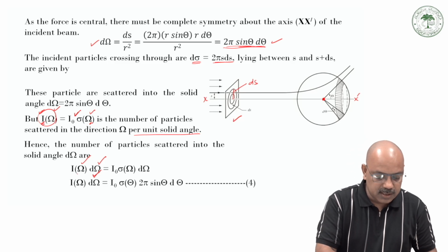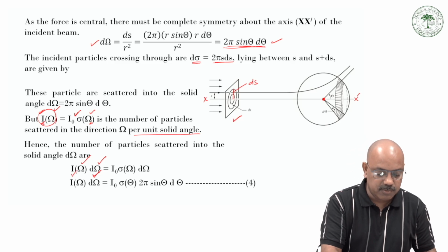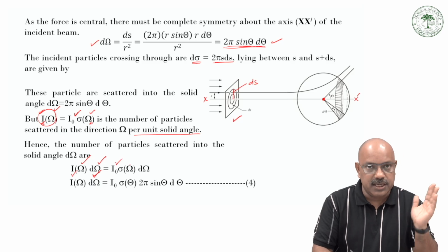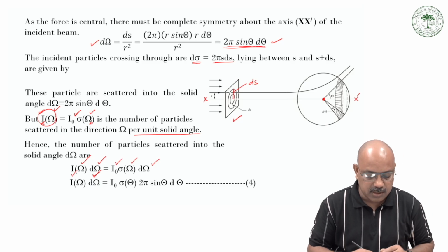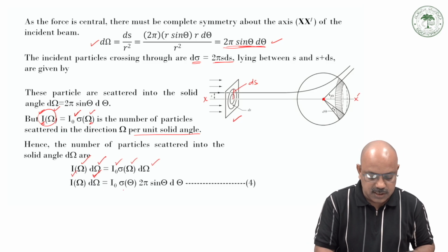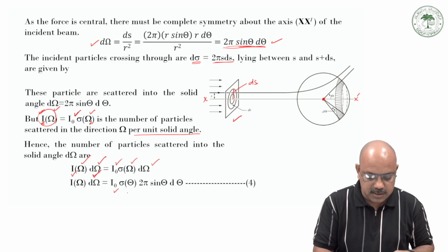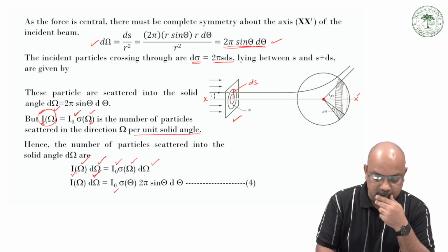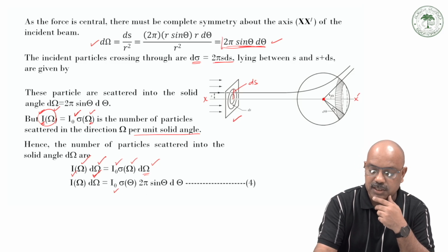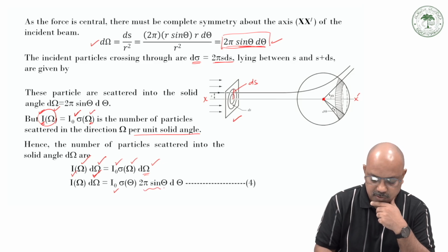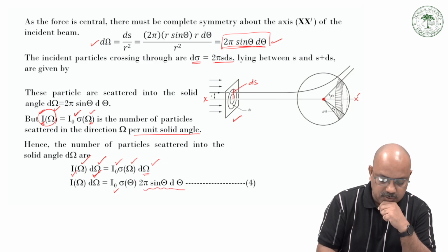And I know that this I is in terms of the incident flux, I naught d sigma. So this is equal to I naught sigma, with d omega being twice pi sine theta d theta, and you know that I naught sigma omega is here.